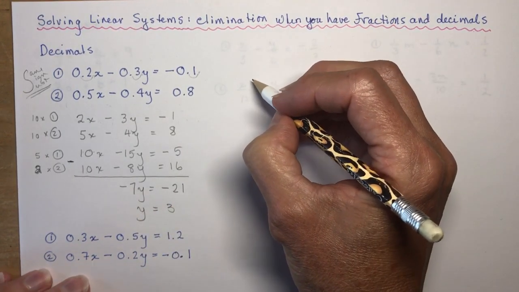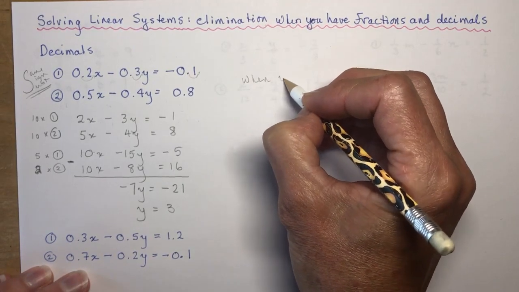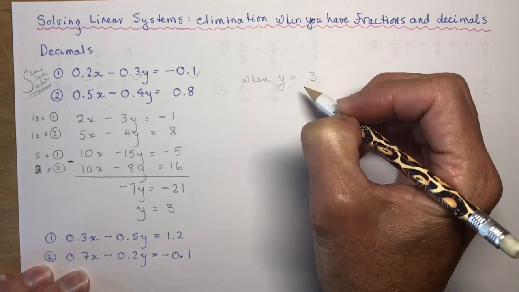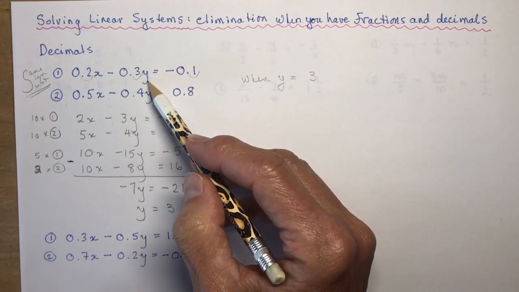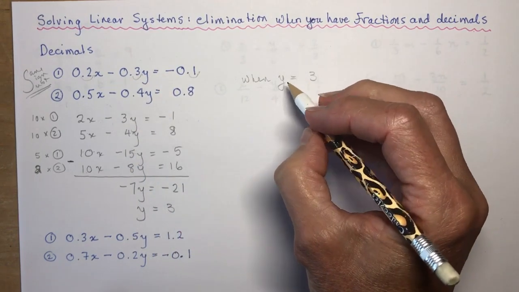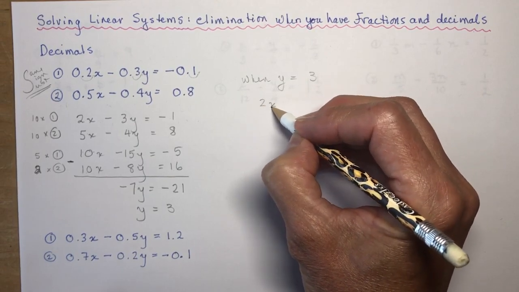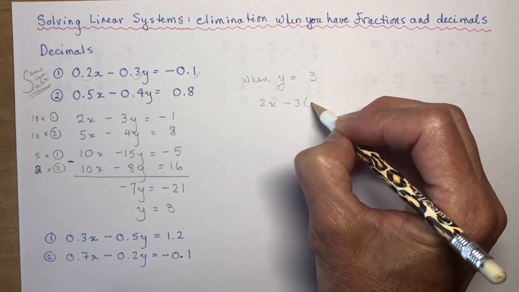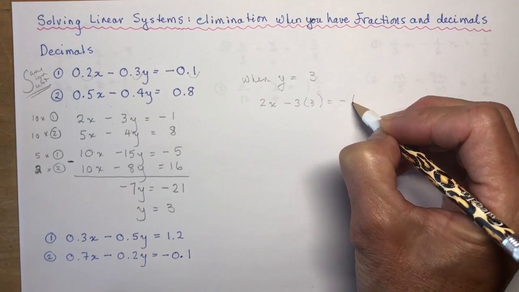So now that I have y is 3, I'm going to plug that into one of the equations. I'm not going to go back to the decimal form because that's just going to be too messy. I don't want decimals. That's why we got rid of them. So I'm going to say 2x minus 3 times 3 equals minus 1.